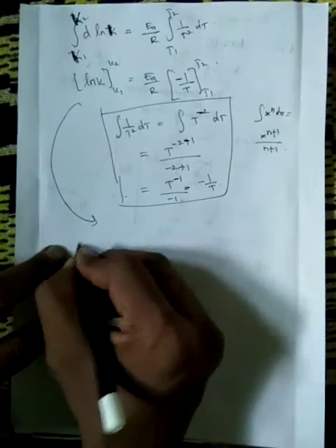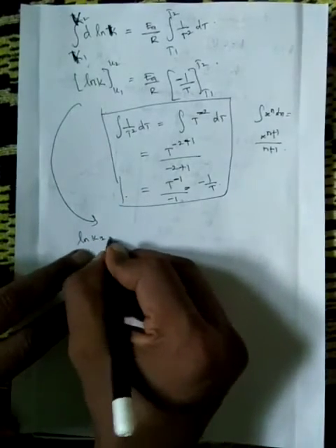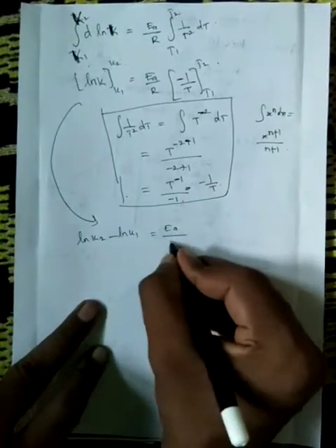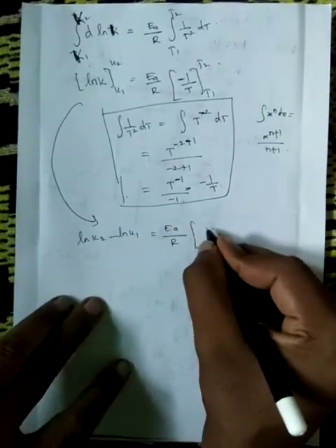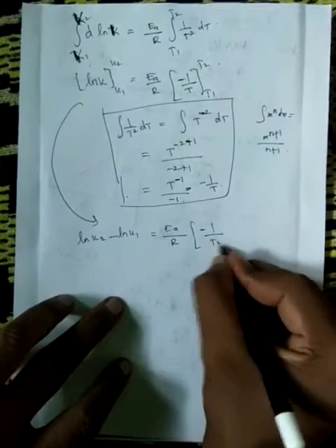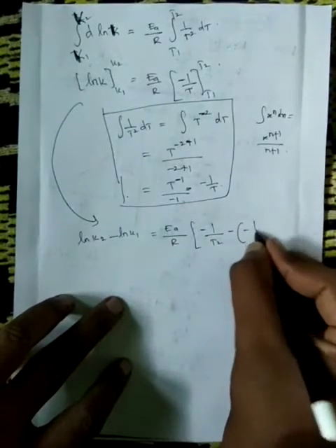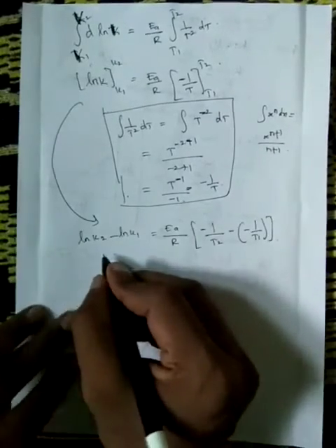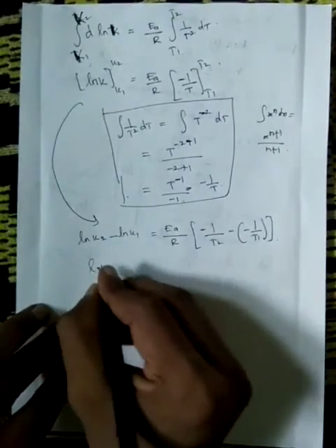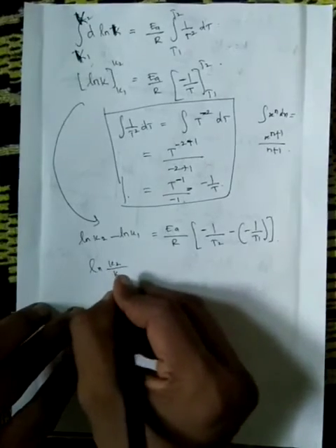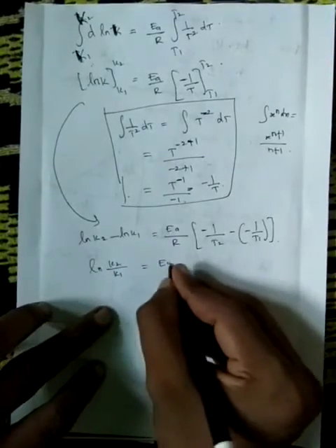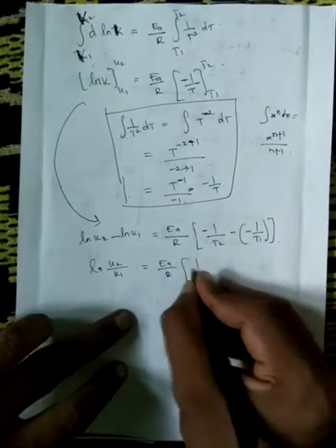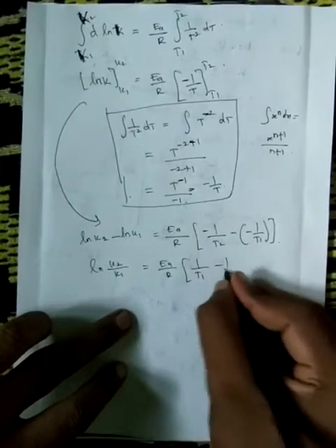Now apply the limits. Logarithm K2 minus logarithm K1 equals EA by R times minus 1 by T2 minus of minus 1 by T1. This is log A minus log B, log A by B. Minus into minus is plus, so EA by R times 1 by T1 minus 1 by T2.